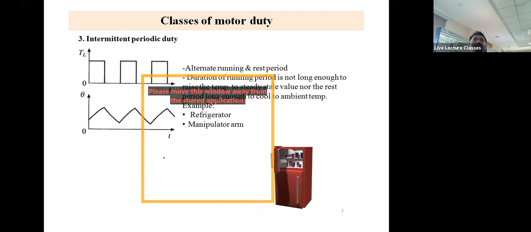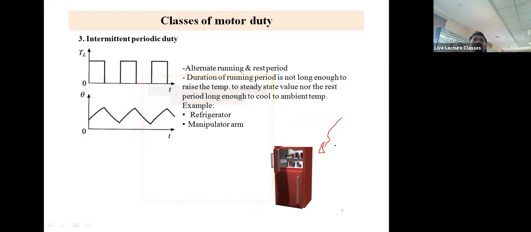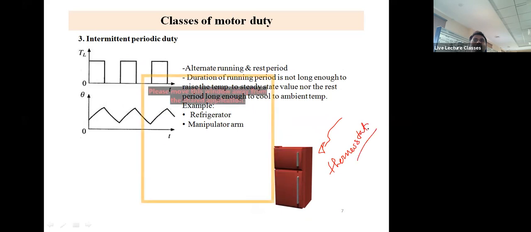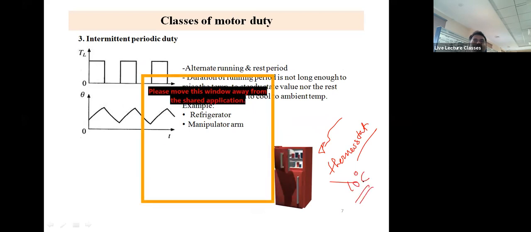Then it is intermittent periodic duty. What is this? Refrigerator. How does it operate? It mainly has a thermostat. After reaching, say, 10 degrees Celsius or minus whatever the preset value is, it will get switched off. So it is on for some time and then off for some time.